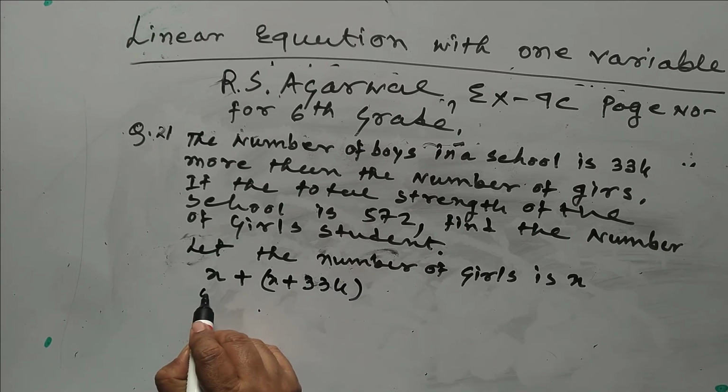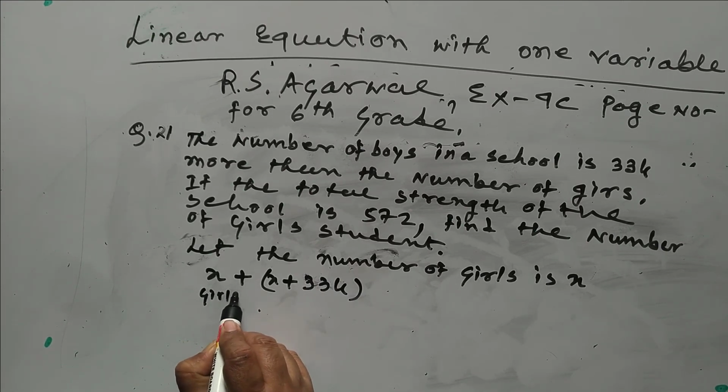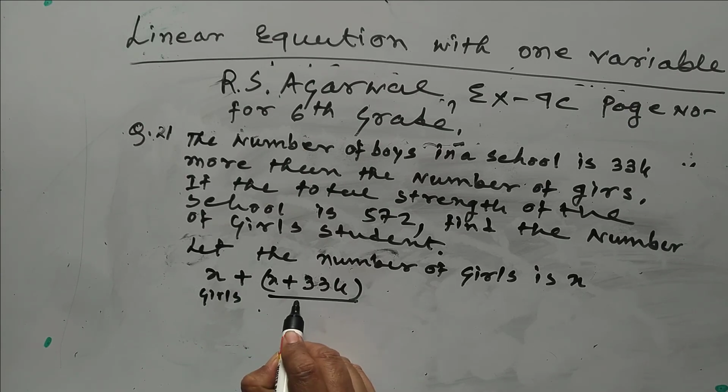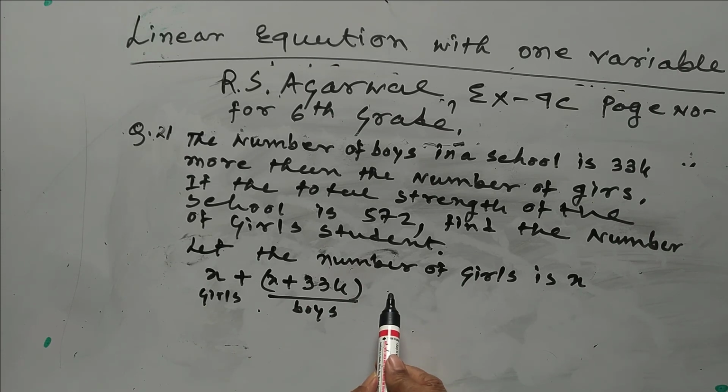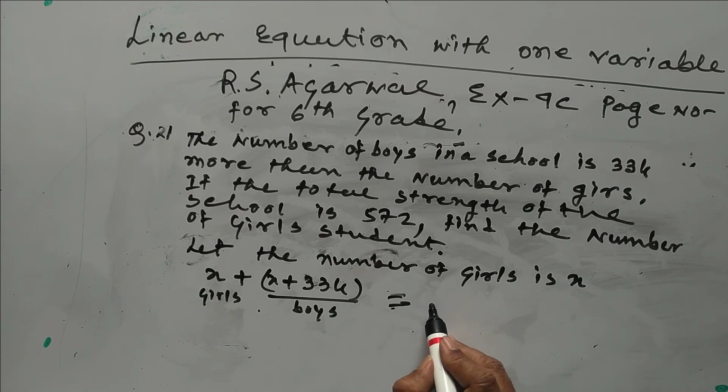Here x is girls and this is boys, the number of boys. x plus x plus 334 equals, if we sum these numbers of students, the girls and boys, we get 572.